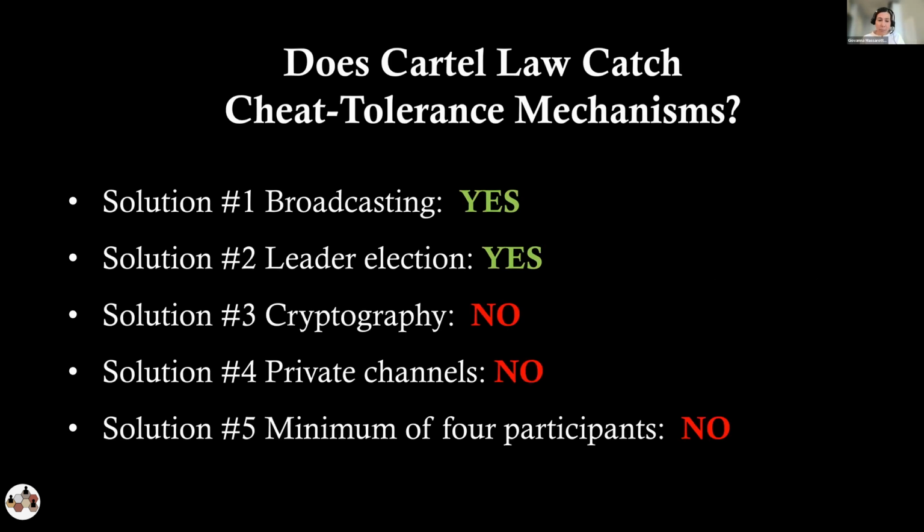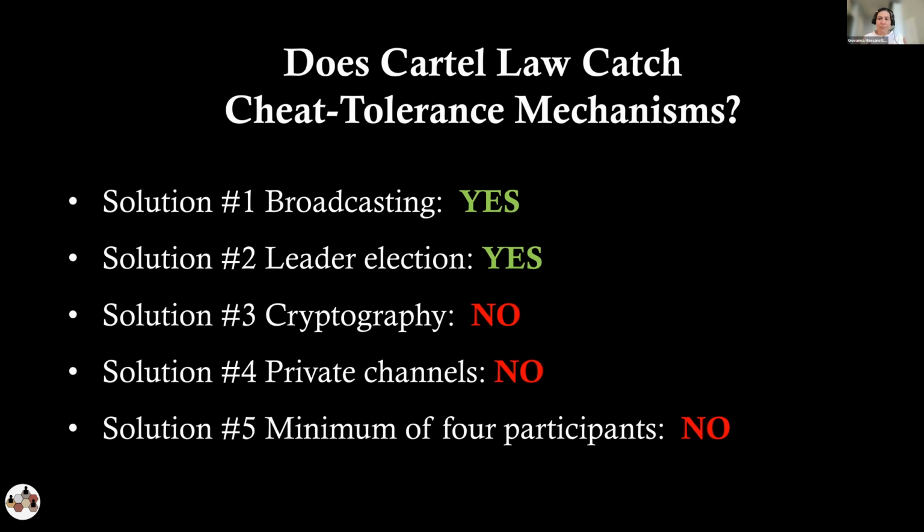My proposal is that, in light of the computer science context, of the analysis of how computers tackle this agreement problem, we still need the legal and economic factors to assess cartel agreements. But what I suggest is to introduce the solutions that right now courts do not consider, these new mechanisms, into the cartel analysis to catch these strong cartels.